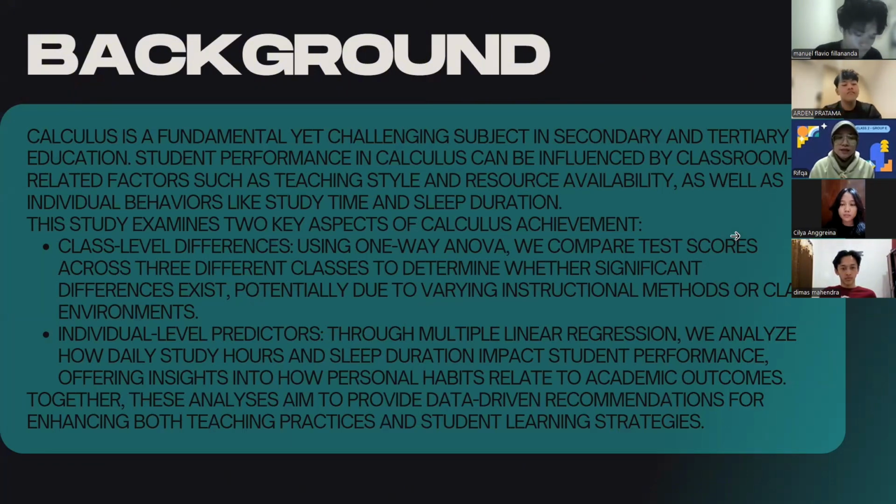The study examines two key aspects of calculus achievement. The first, class level difference. Using one-way ANOVA, we compare test scores across three different classes to determine whether a significant difference exists, potentially due to varying instructional methods or class environments.